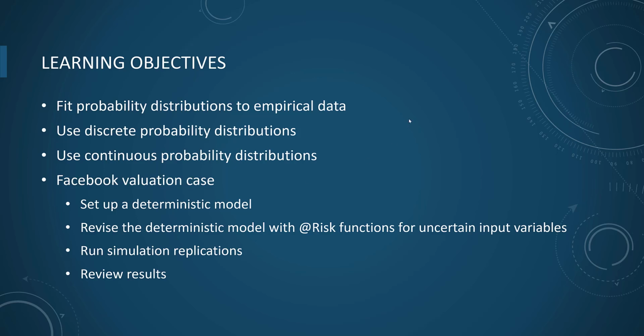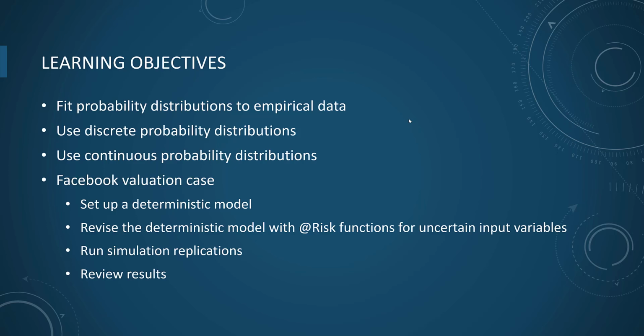The first case is the Facebook valuation case. Here we're looking at the income statements, the financial statements of Facebook prior to the time when they were going to go public. We have 5 or 6 years worth of data, and we have macro level data like revenue, cost of goods, gross income, other expenses, and so on.